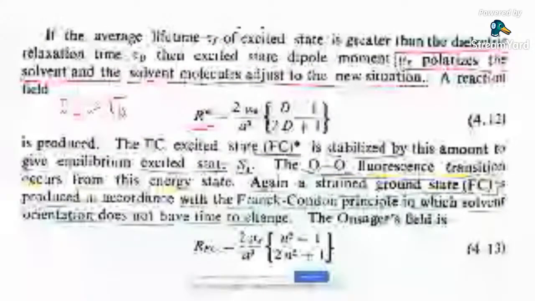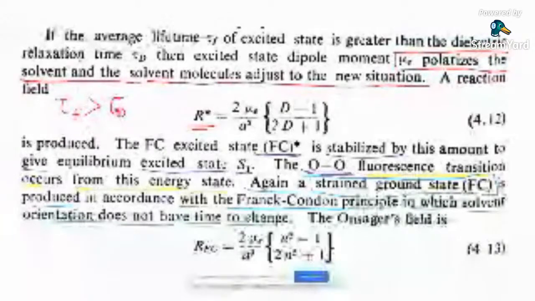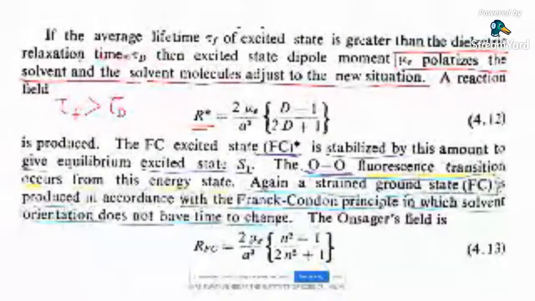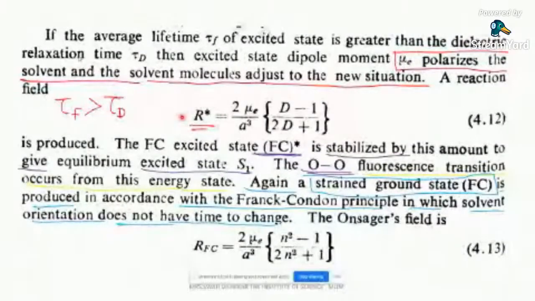Now, there are two conditions depending on the fluorescence lifetime compared to the dielectric relaxation time. If the average lifetime tau F of the excited state is greater than the dielectric relaxation time tau D, then the excited state dipole moment mu E will polarize the solvent, and the solvent molecules adjust to the new situation.